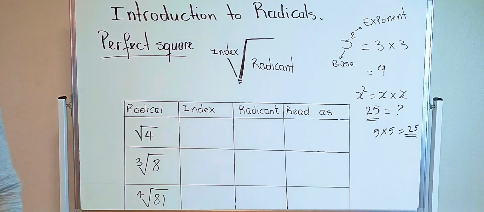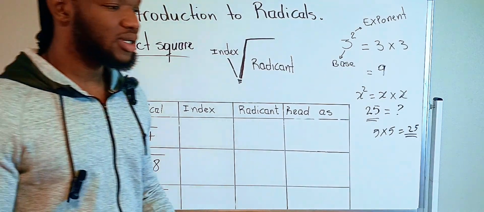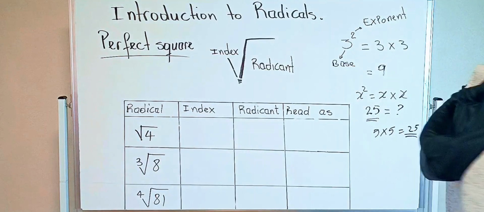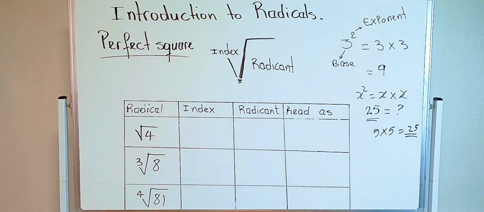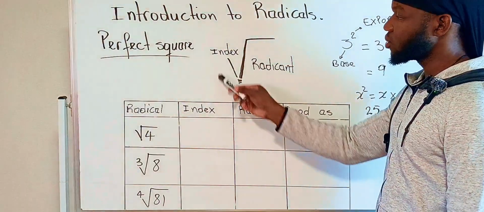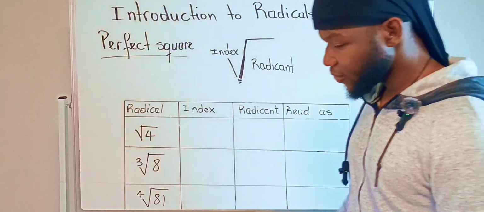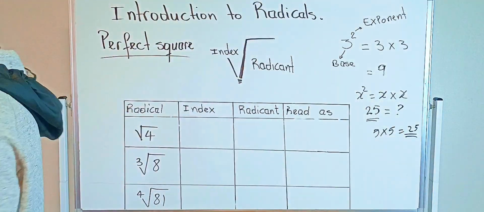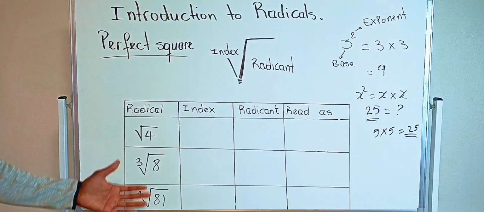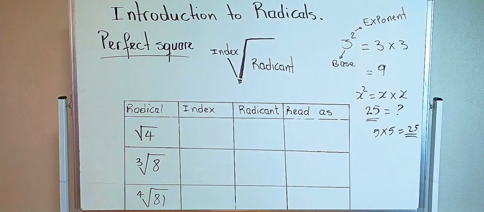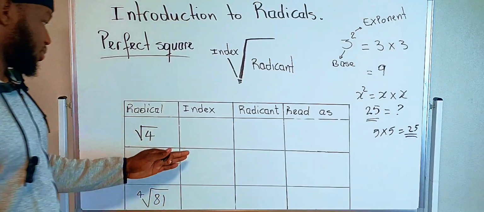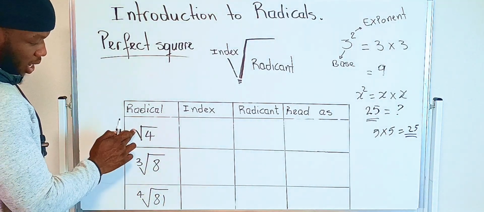So with that, guys, you can easily identify a perfect square since you know the definition. Now let's fill this table out real quick. We just have to identify the index.